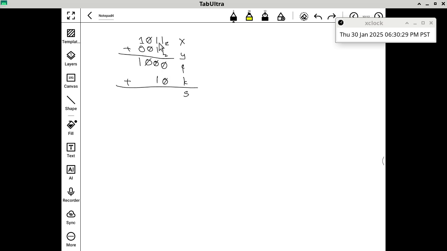Over here, same deal. 1 and 1 is a 1 already. 0 and 1 is a 0. And then this 1 is ORed with this 0 over here, and so we have another 1 over here. And then we have 0 and 0, which is a 0. 0 and 1 is also a 0. 0 or 0 is still a 0 over here.